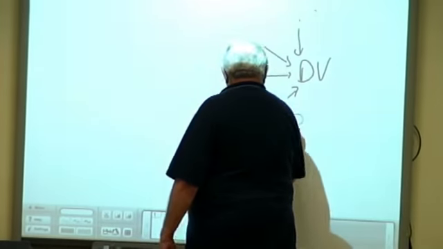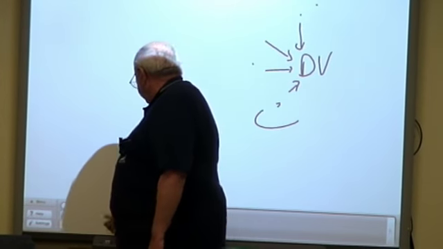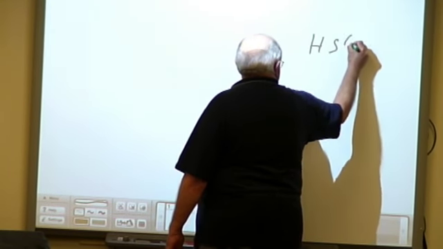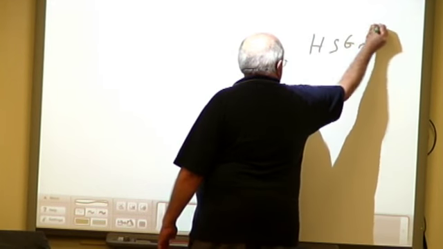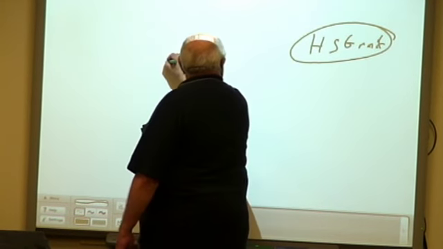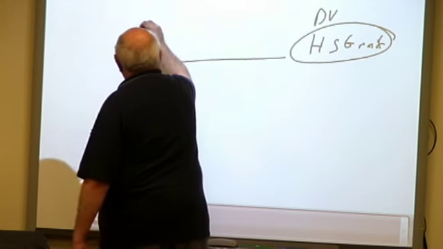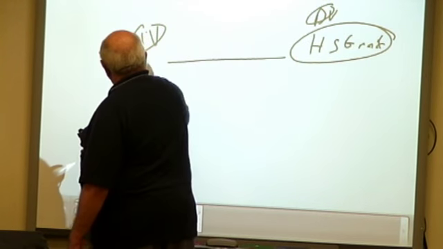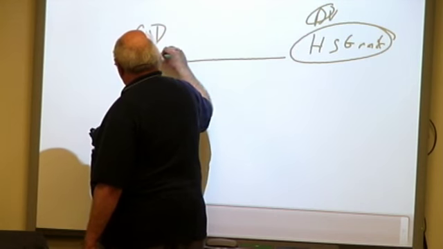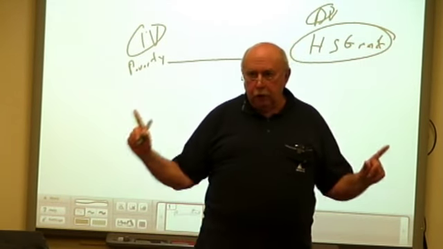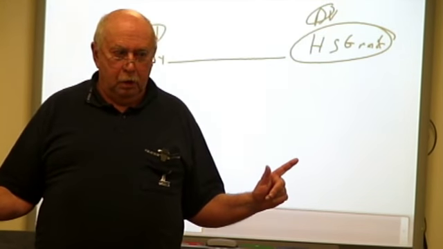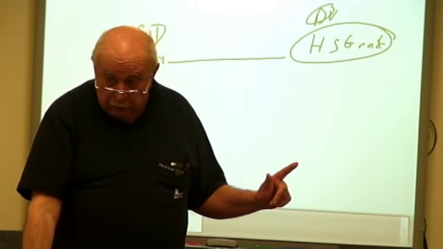So we've got high school graduation, this is the DV, and this is the IV, the independent variable, which is poverty level. And it's going to be an inverse relationship. What do I mean when I say it's an inverse relationship? If poverty is up, graduation rate is down.